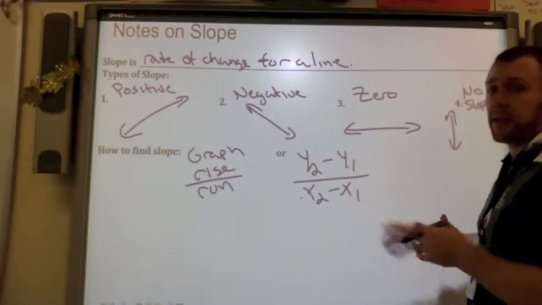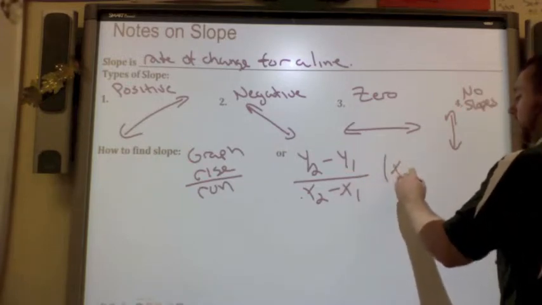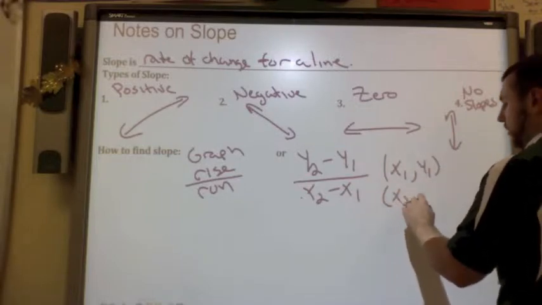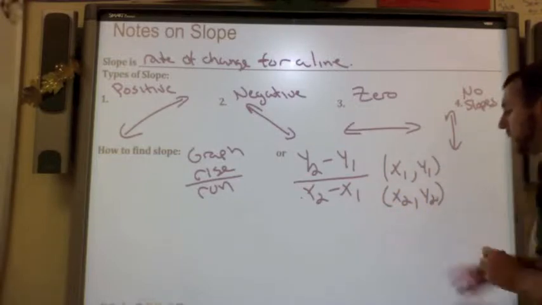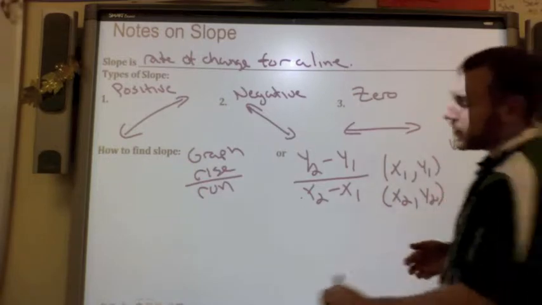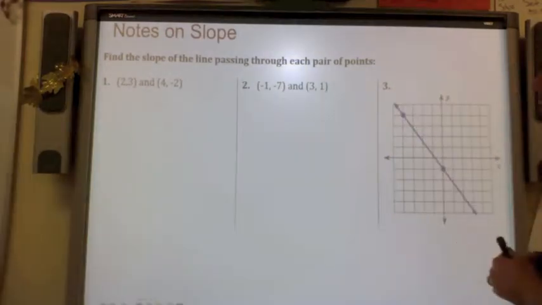And what you have to remember here is this is when you're given 2 points, and the 2 points are always arranged x1, y1, x2, y2.